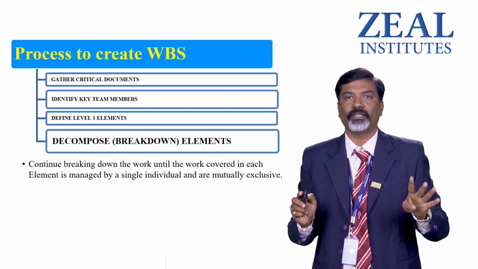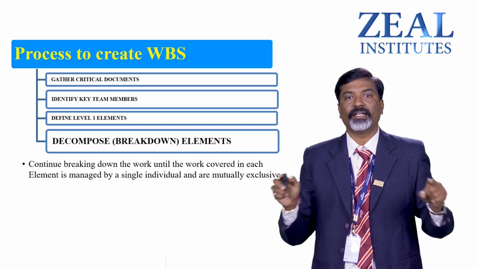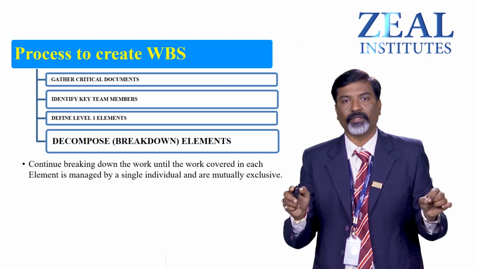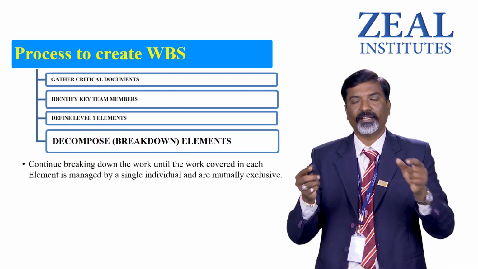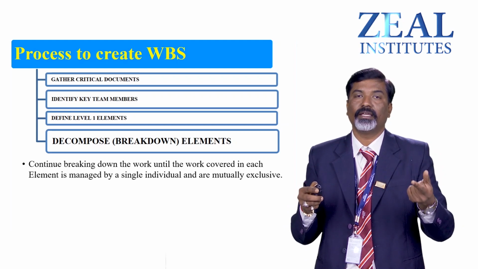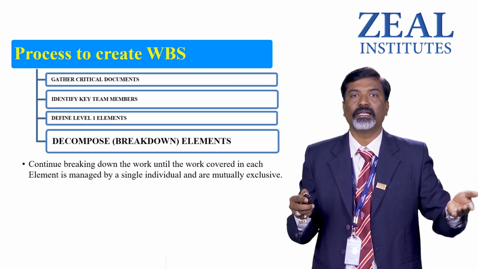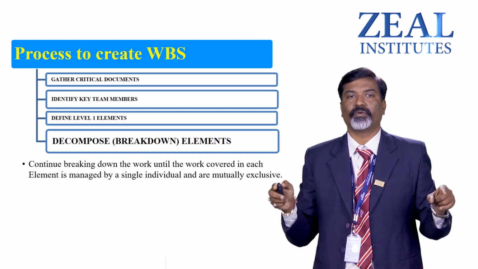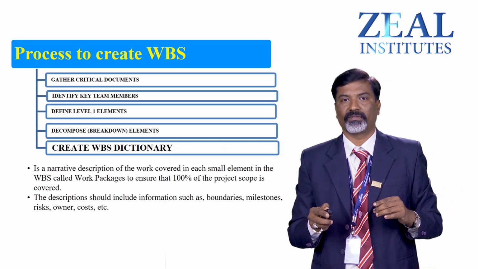So in the fourth activity, we are decomposing the whole into small chunks which are easily managed, easily processed, and easily tested. All those activities we perform in the fourth phase.